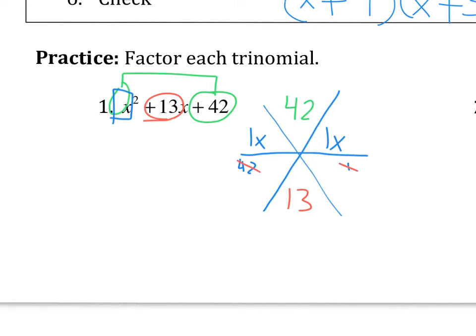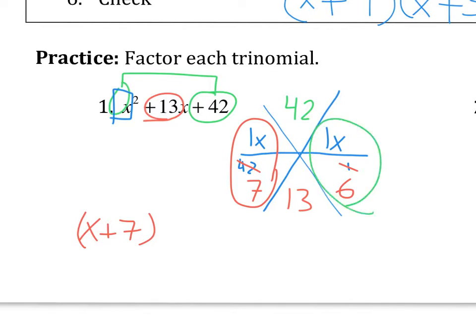That doesn't work. What else? Anybody see offhand real quick what it is? 7 and 6. 7 works here and 6 works there. And notice my wings right here, x plus 7. And on the left side, x plus 6.